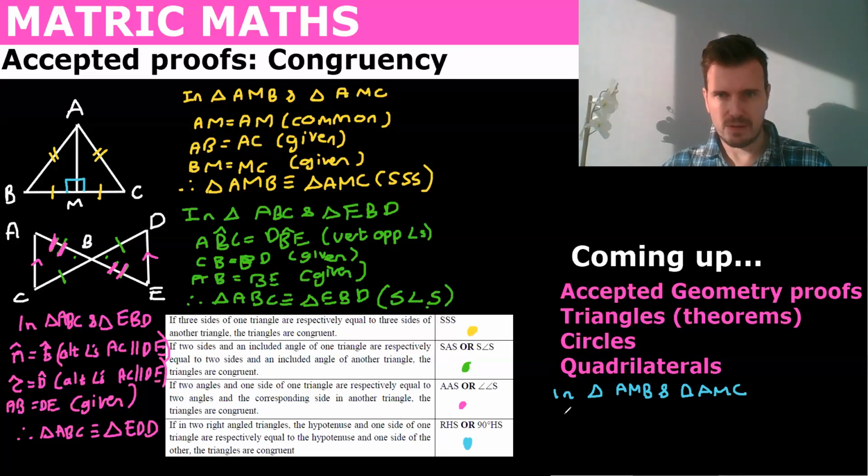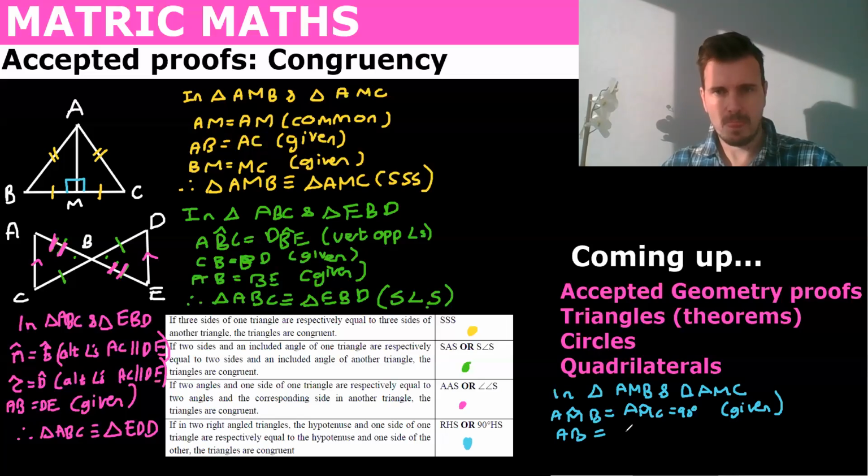Let's say that angle AMB equals angle AMC equals 90 degrees given, and AB equals AC given, and the final one could be AM equals AM because they are common.